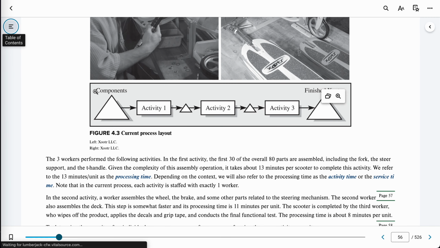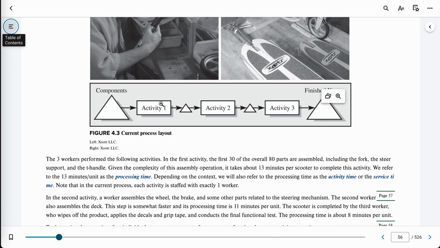And this is what the Zooter's assembly process looked like, right? Now, there were 3 workers who were working on the assembly process. All the activities of making a Zooter got split up into 3 major components. The 30 of the overall 80 parts were assembled in the first activity, and that took 13 minutes.